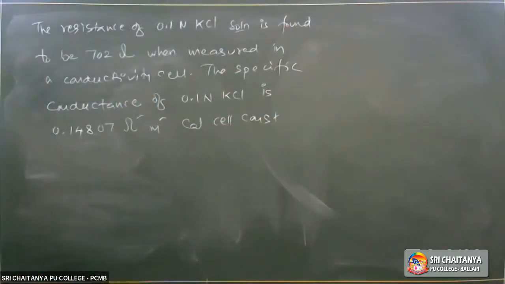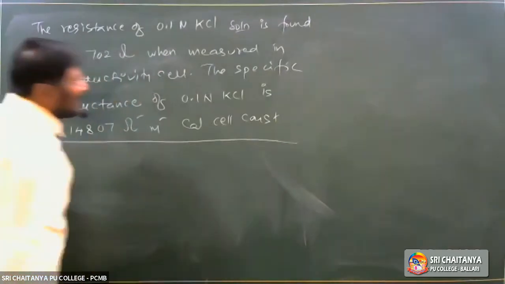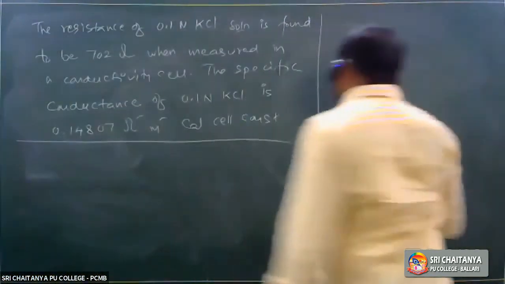So this is a problem. Come on, go through it. The resistance of 0.1 N KCl solution is found to be 702 ohms when measured in a conductivity cell. The specific conductance of 0.1 N KCl is how much? That value is also given. What is the cell constant? Now let us take what is given.